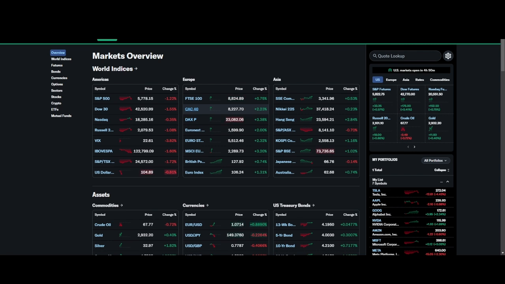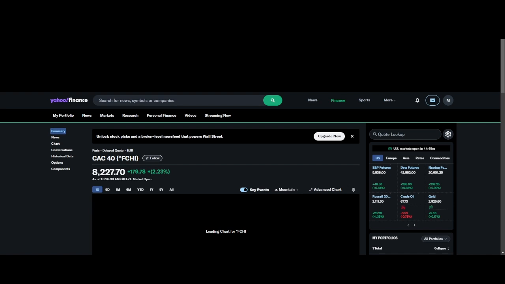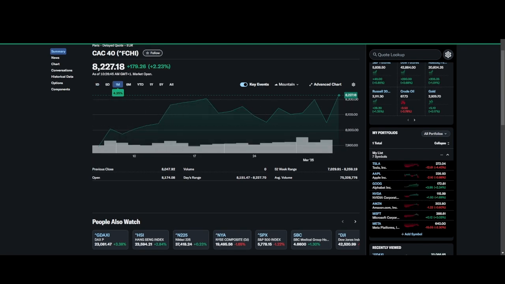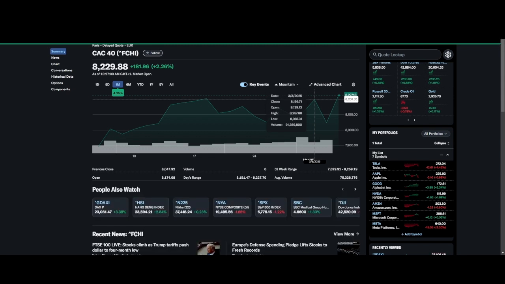Also, French and British indexes are more or less stable, I would say. Let's see French. It started today high. Yeah, over 1 month it's going up, and in previous weeks it was stable. But as you can see, the politics of the new government of the United States didn't affect the French index too much.